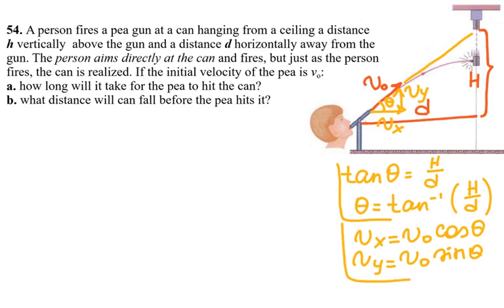Then to figure out the time it's going to take to travel this path, the time is the distance over the average velocity, so that's the distance over Vx, and Vx doesn't change. So the distance over v sub 0 cosine theta.